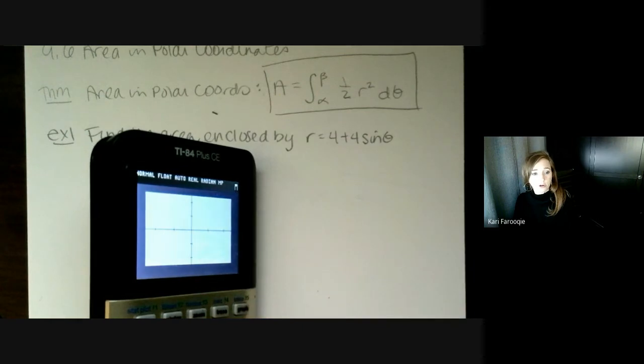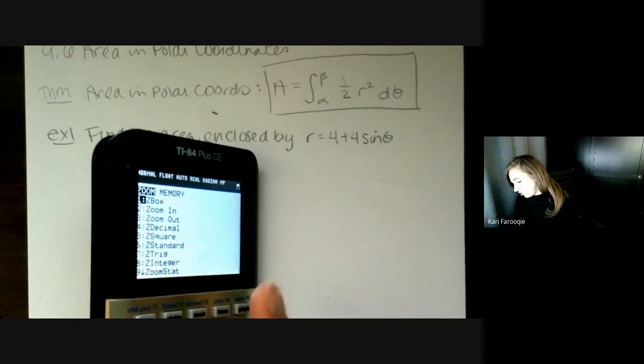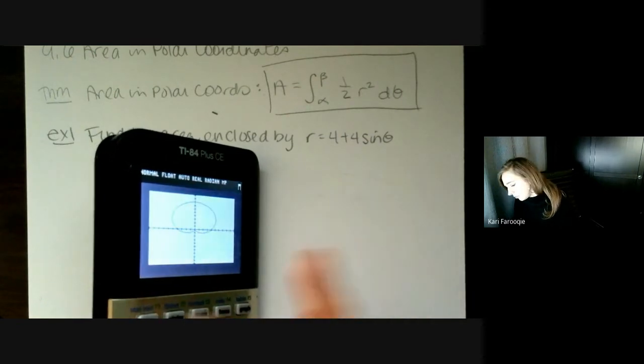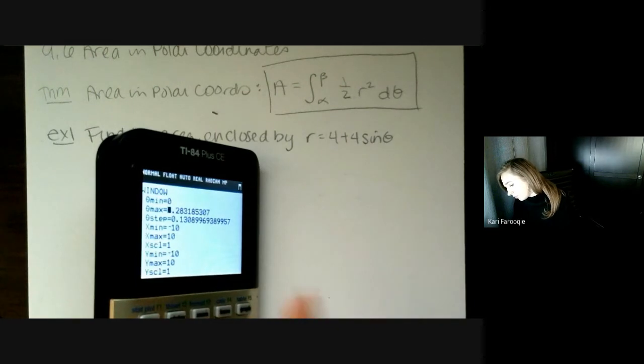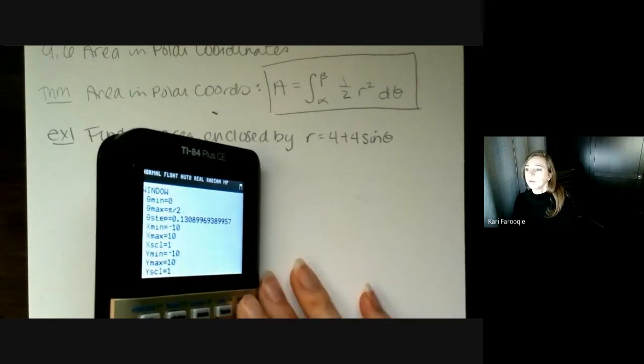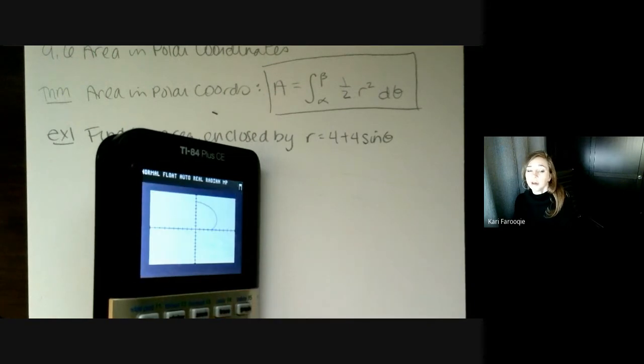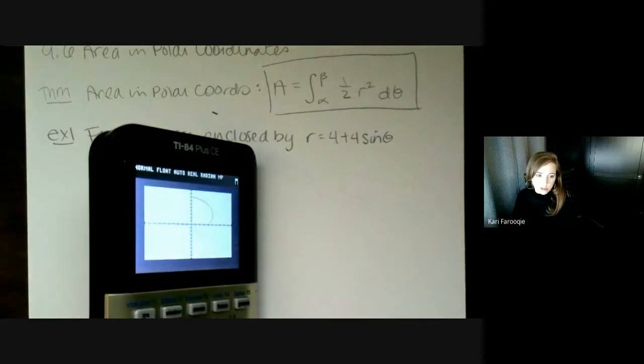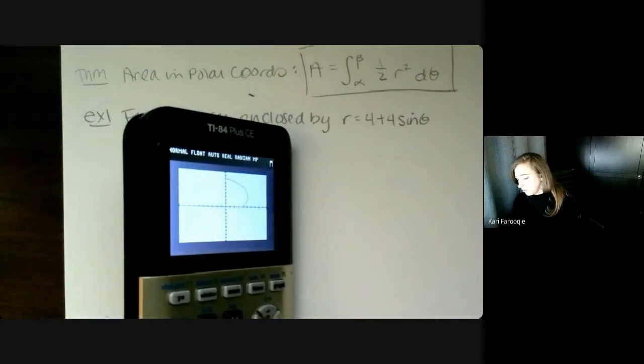If I graph this from only 0 to pi over 2, it's only going to graph, oh, I'm zoomed in. Sorry, I have to zoom back out again. Zoom 6. Pi over 2. It's only going to graph the region between 0 and pi over 2. I think you kind of have to get used to thinking about the way these graphs are drawn.